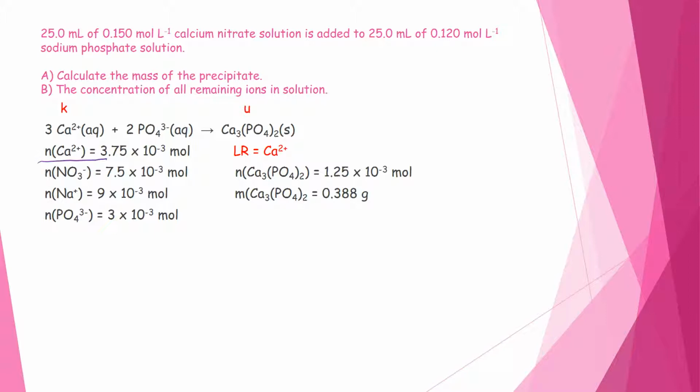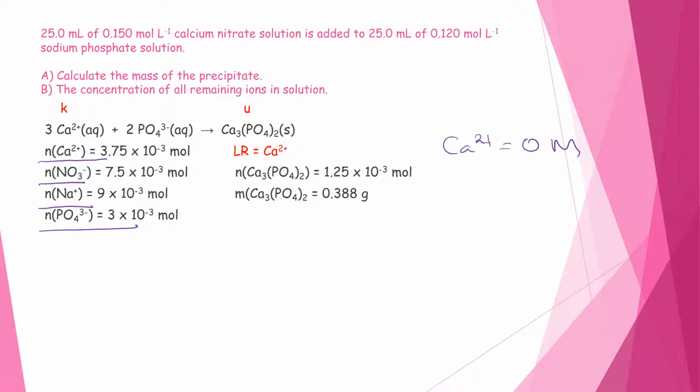There are no calcium ions, so the calcium ions will equal 0 moles per litre because they were the limiting reagent. There will be some nitrates, but they're spectators, so their moles haven't changed. There will be sodiums. Their moles haven't changed because they're spectators. Now the moles of the phosphate will have changed because some of them have been consumed in the reaction.